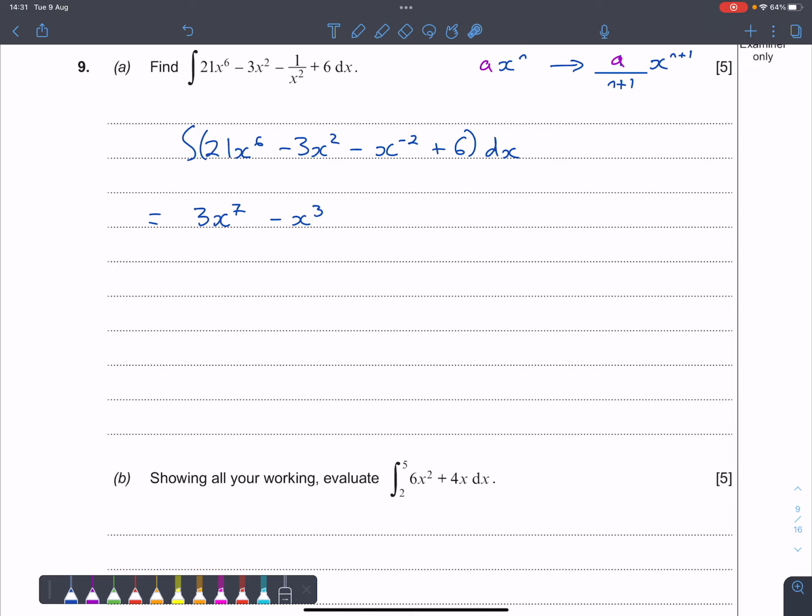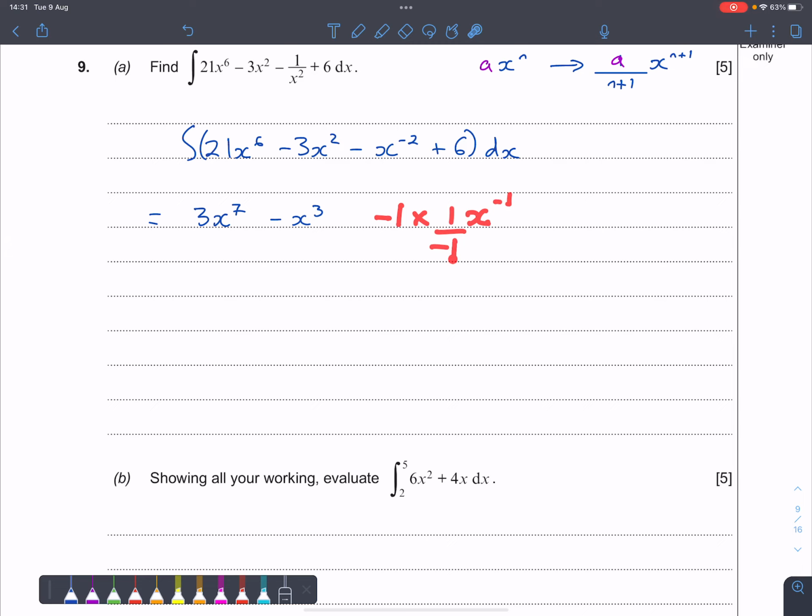Okay, the next one I have negative 1 technically, multiplied by x to the negative 2. So that's going to go to x to the, and we have to be careful. If we raise that power by 1, it's negative 1. I'm going to divide that by negative 1, or write it as 1 over negative 1.